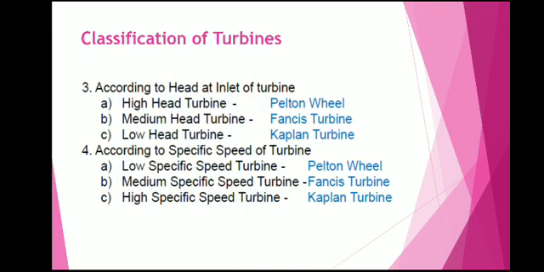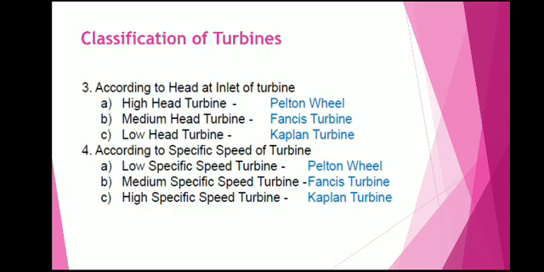Again, classification according to the head at the inlet of the turbine: high head turbine, medium head turbine, low head turbine. Low head turbine example is Kaplan, medium is Francis, and high head turbine is Pelton.